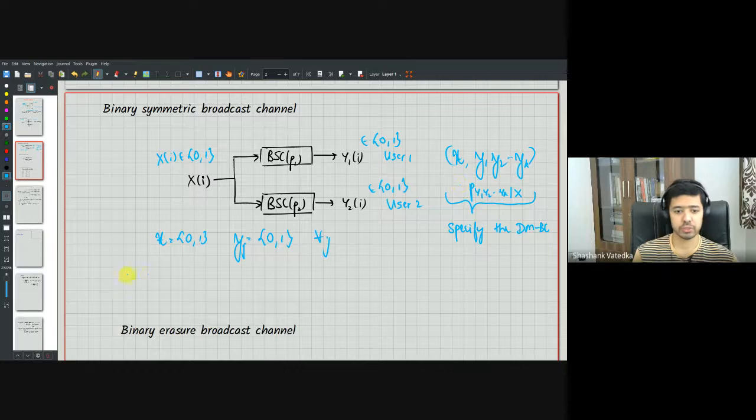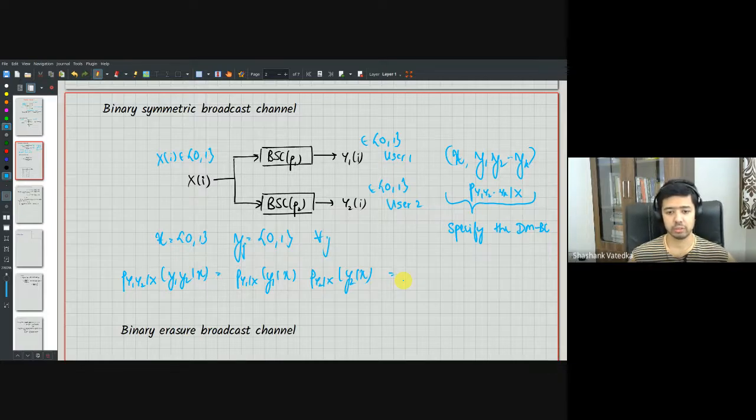And in the joint distribution p y1, y2 given x, it turns out that y1 and y2 are conditionally independent given x. So it is p y1 given x of y1 given x times p y2 given x of y2 given x. Can someone tell me what this will be equal to?